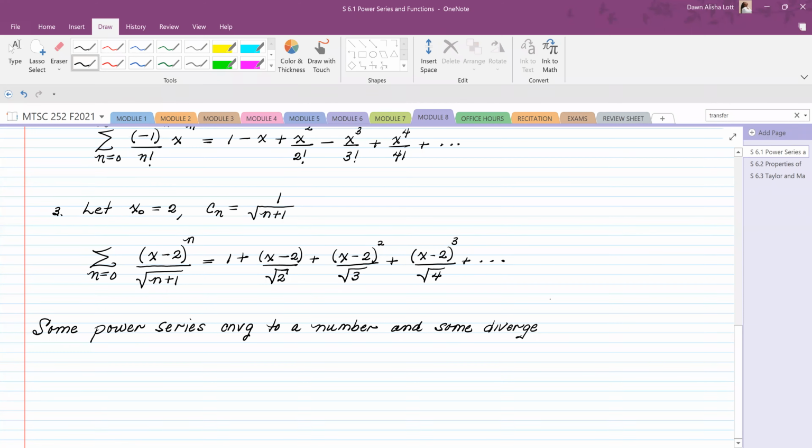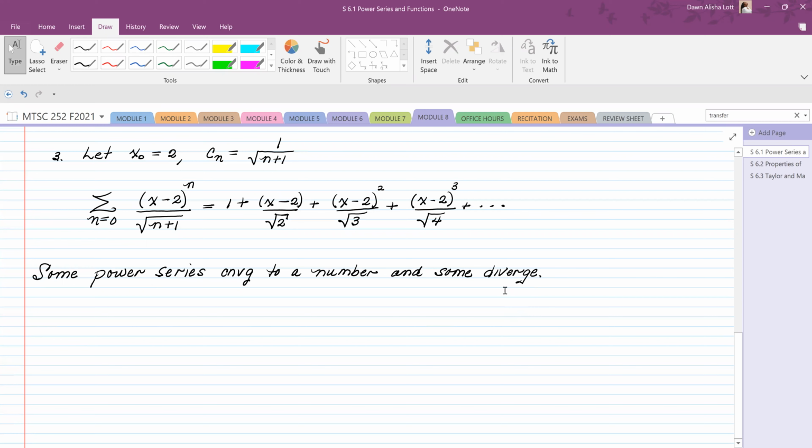It's up to us to determine not only if a power series converges, but when it converges. So let's look at that first example. That first example was the sum, n equals 0 to infinity, of x to the n.